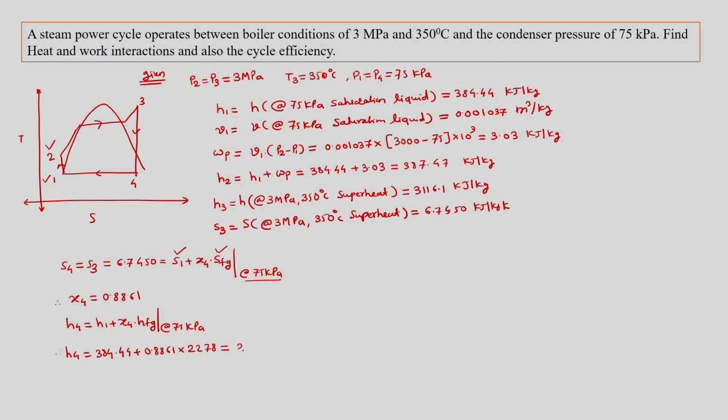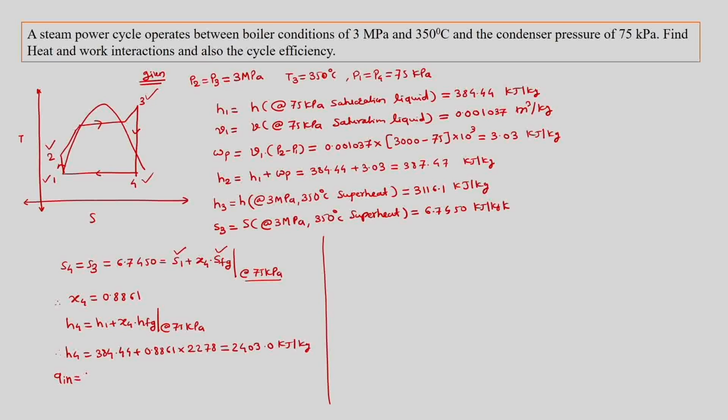So this gives us H4 as 2403.0 kilojoule per kg. Now we know all enthalpies at all corners of the cycle. Now we can find out what is Q in, what is Q out.